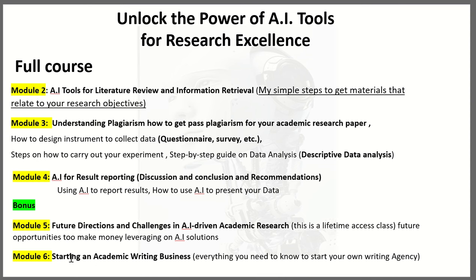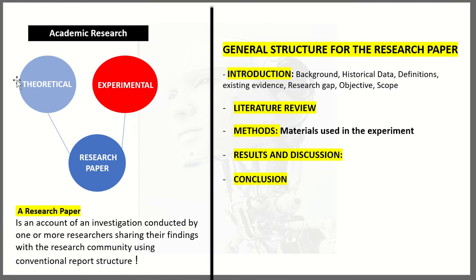Then for those of us that want to make money, I'm going to show you the step-by-step guide on how to start your academic writing business. If you want to do your business leveraging on AI, you can be able to write research papers. You're not doing the research yourself, you are writing the research paper. Remember what I said here? You do the theoretical research, experimental research, whatever it is in the lab, in the field, but you're going to write the research paper.